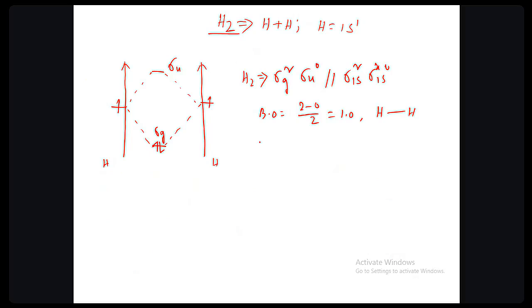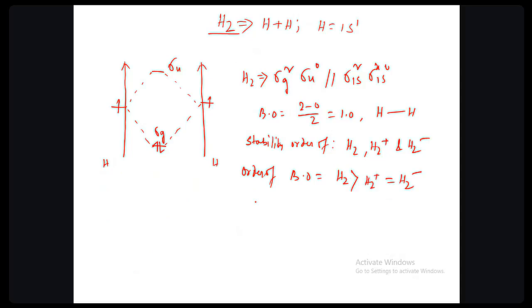Now question, the stability order of H2, H2 plus and H2 minus. According to that, we get the order of bond order: H2 is 1, H2 plus 0.5 and H2 minus also 0.5.